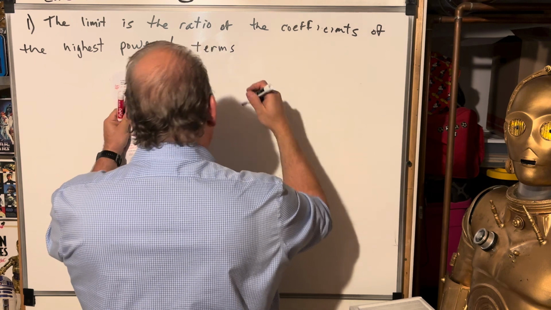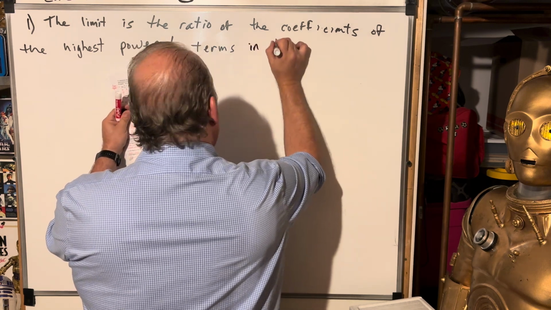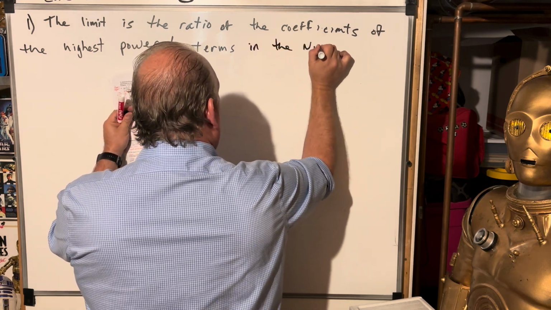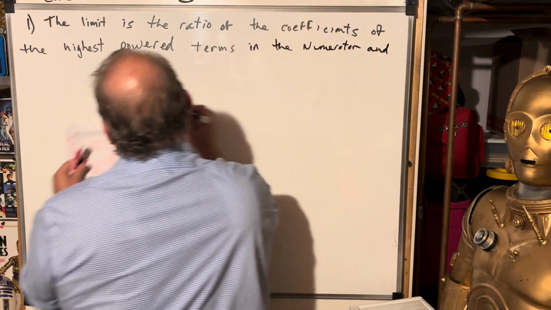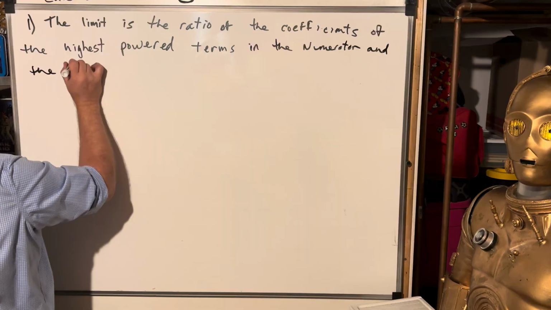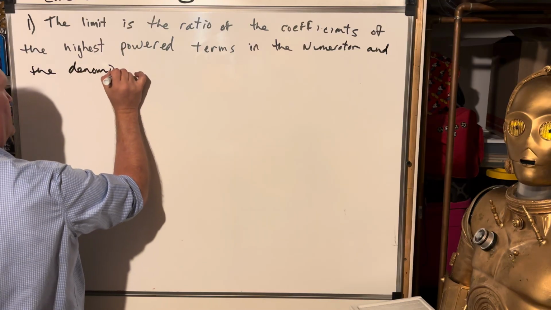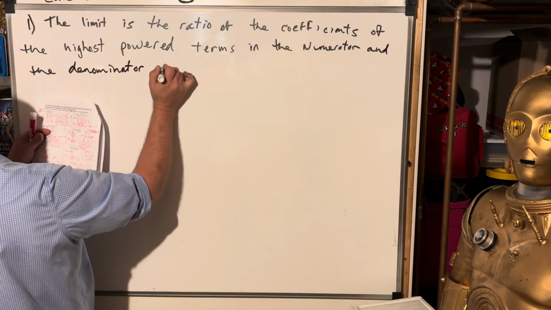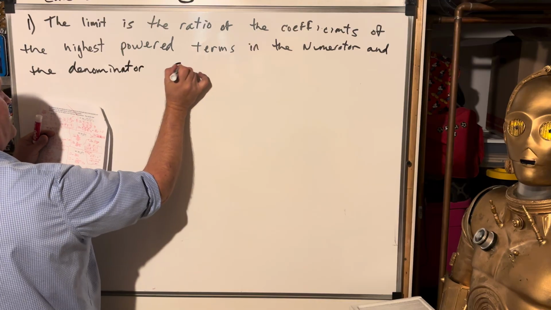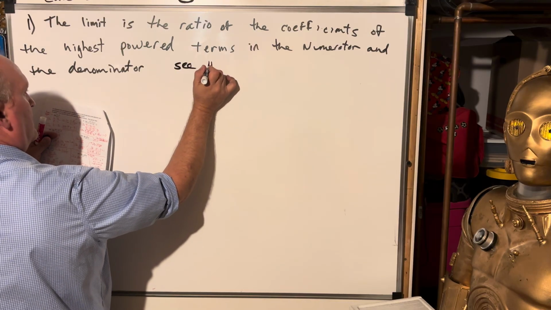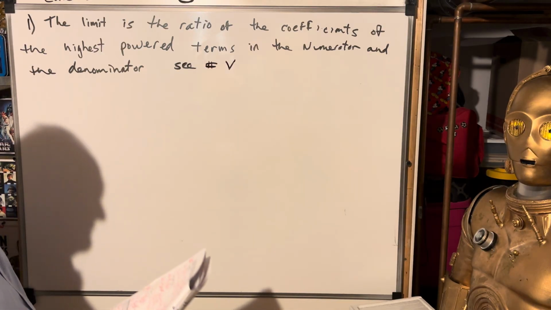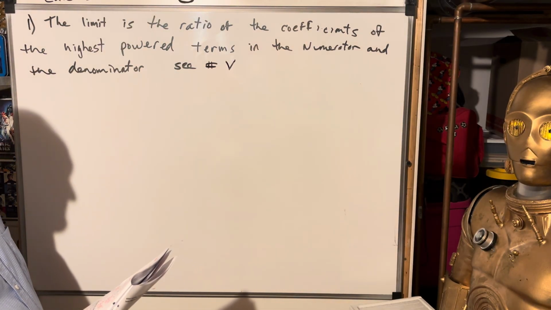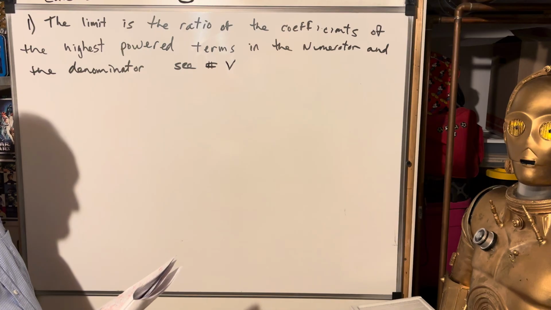The leading coefficients are the big dogs in the numerator and the denominator. So we could say C number 5. Right, top of the page. You got x and x, it was 5/3.